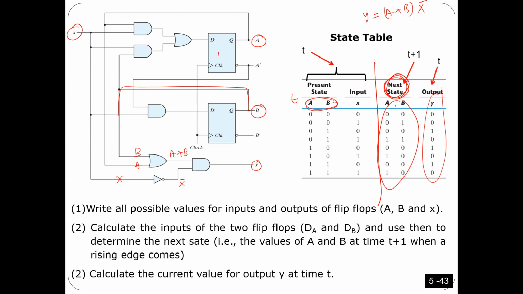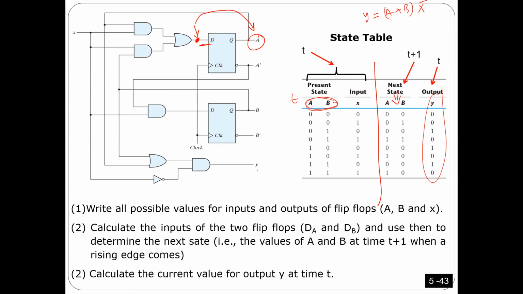To fill up this part, I need to calculate the value of D here, because whatever you have here will be the future value for A when the clock comes, because this is a D flip-flop. So I need to calculate the input here, and this input will be the same output when the clock comes. You got what I'm saying?